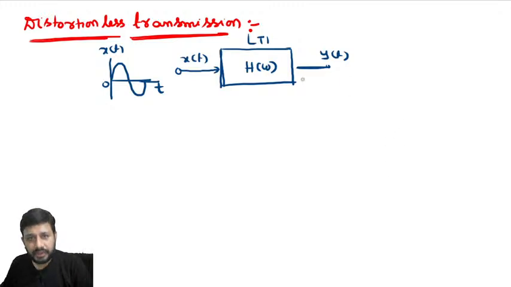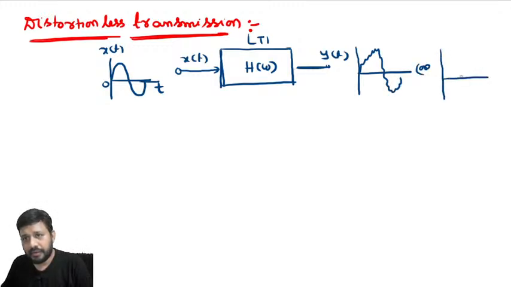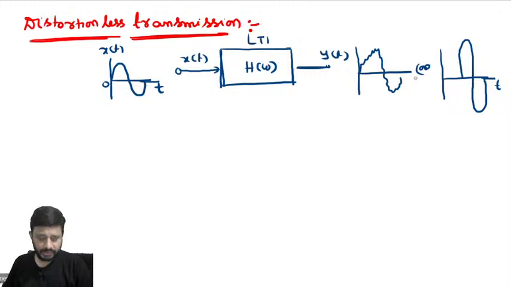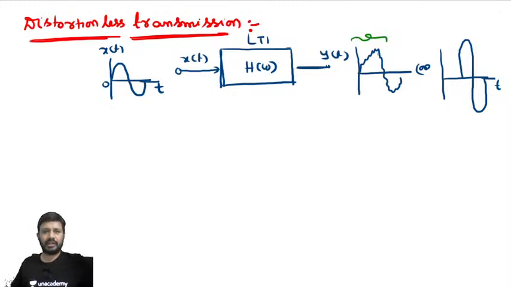Now at the output I may expect this kind of signal or this kind of signal. Now if you observe the first output, there is no resemblance with the input signal, or we can say that the first output is a distorted version of the input signal.